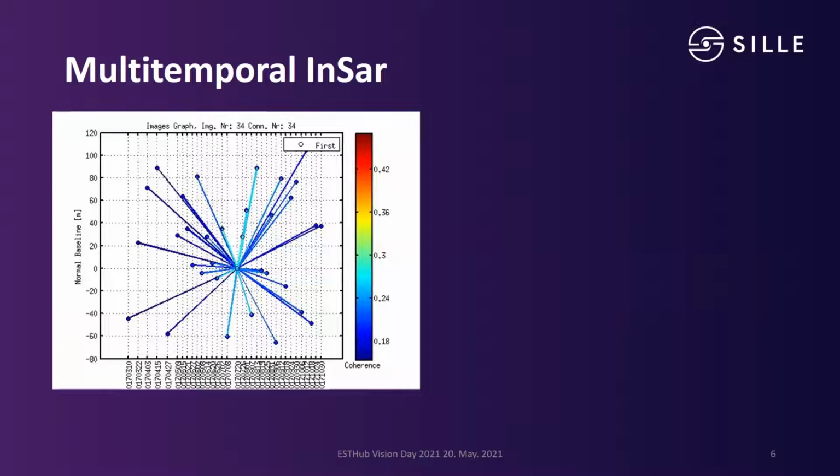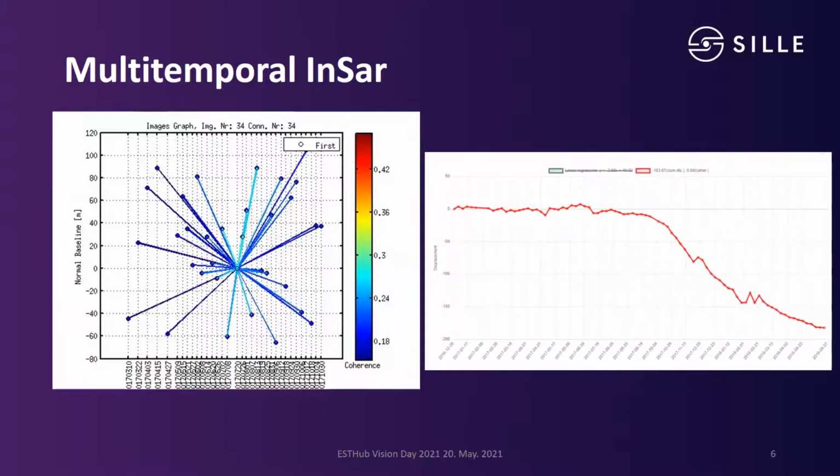And after the calculation, we get a nice time series to see how the object has been moving historically and to monitor it into the future. So by adding images over time, we can see how the deformation is behaving.